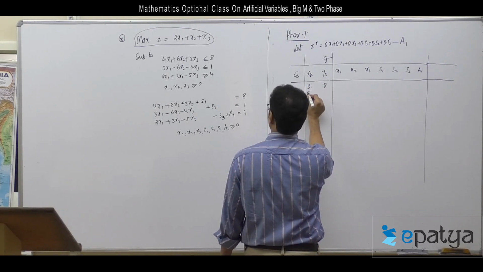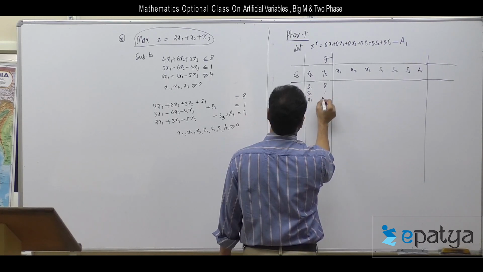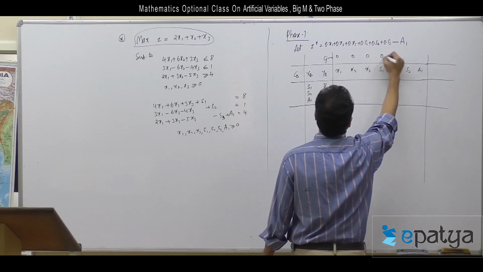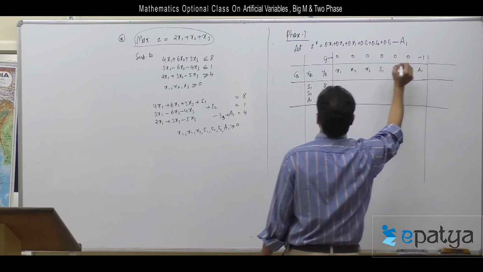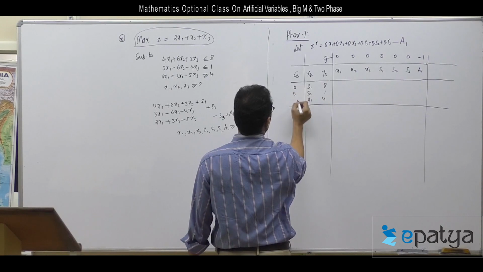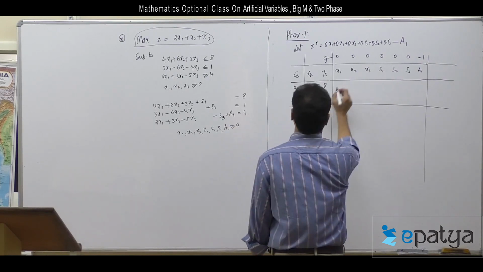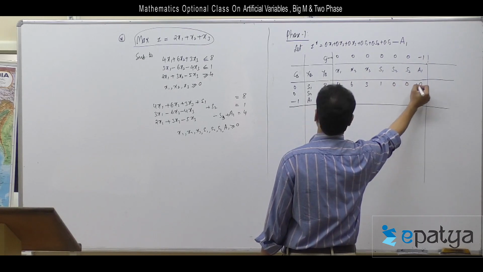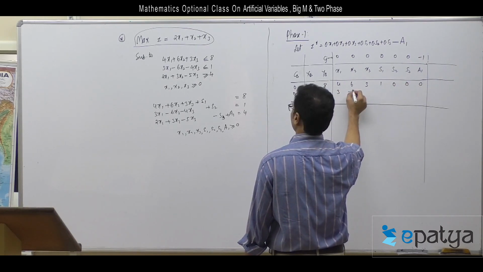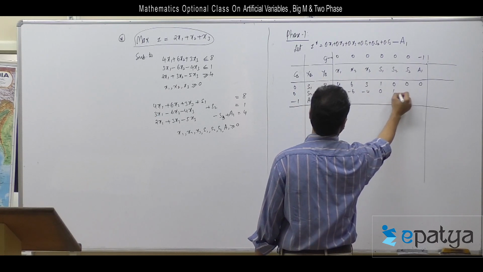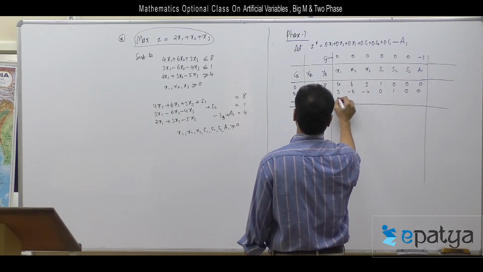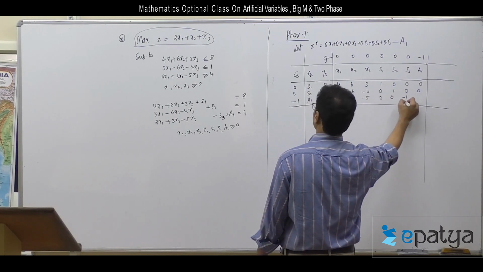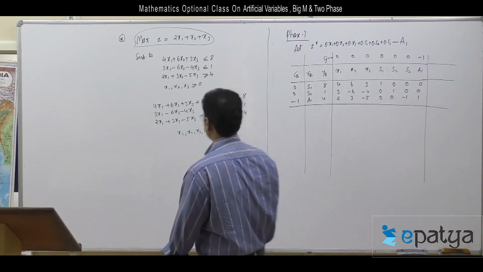S1 8, S2 1, A1 4, costs 0 0 0 0 0 0 minus 1. Rows: 4 6 3 1 0 0 0; 3 minus 6 minus 4 0 1 0 0; 2 3 minus 5 0 0 minus 1 and 1.